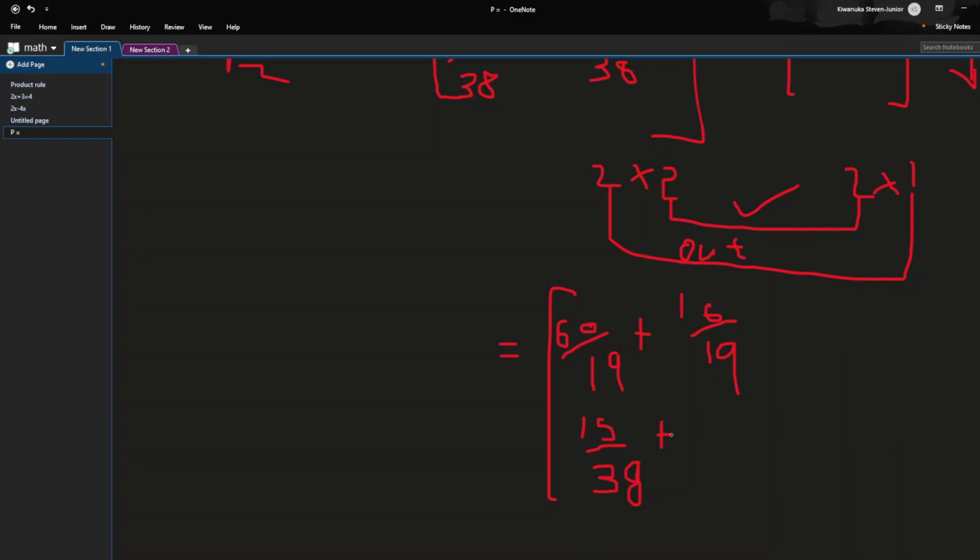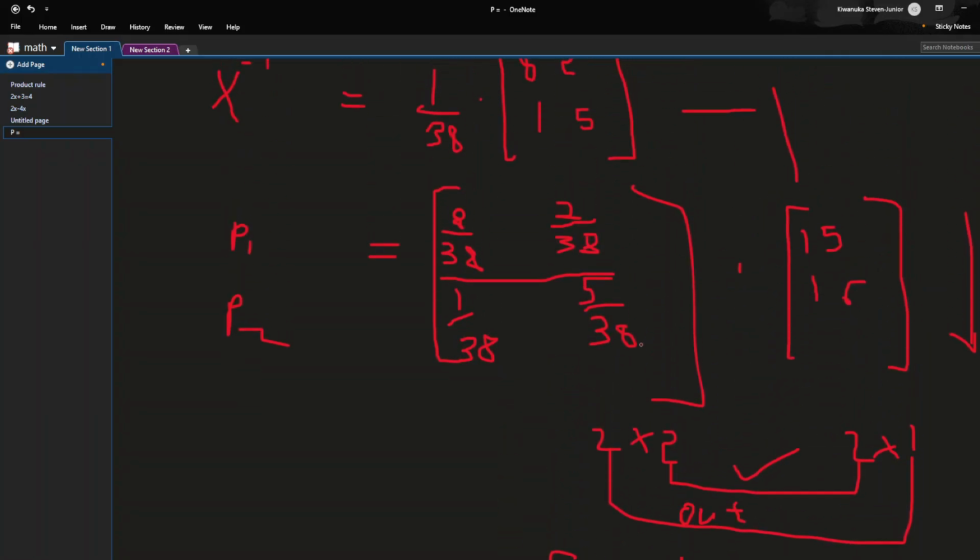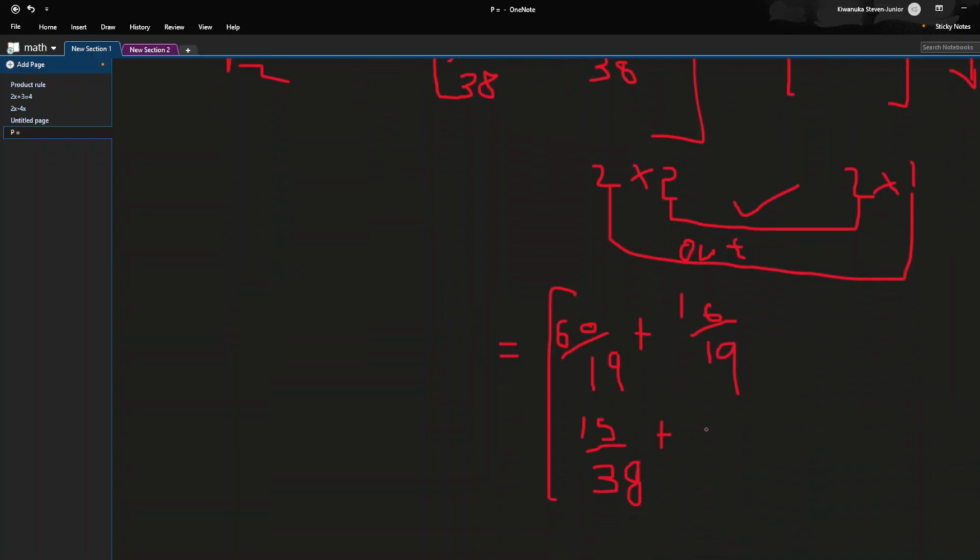Then plus 5 divided by 38 times 16, and we get 40 out of 19. I'm pressing manually, so you can follow as well.